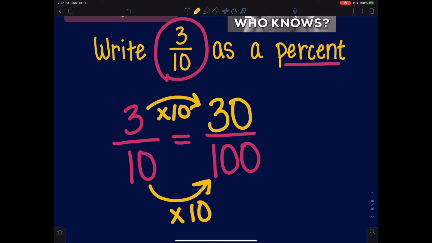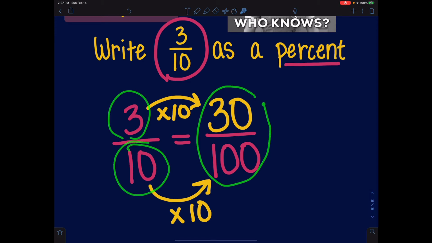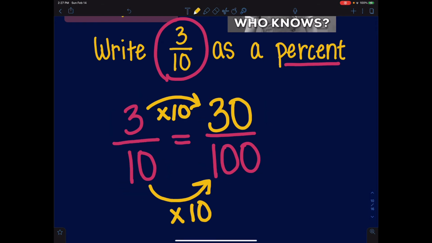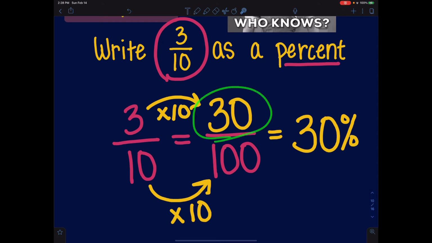So if you took a test and got 3 out of 10 questions right, you only got 30% on that test. So 30 out of 100 is going to turn into 30%. Once you get it over 100, then it's easy because whatever number is up here, that's the percent. But the trick is to get it over 100, not over 10.